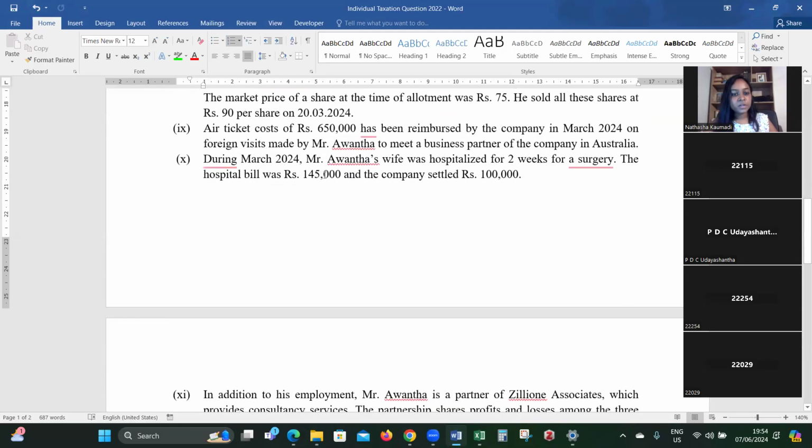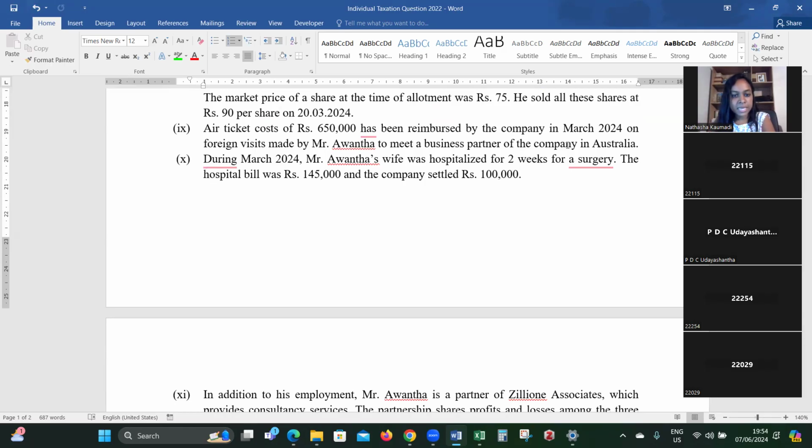And then air ticket cost of 650,000 has been reimbursed by the company in March 2024, during this year of assessment, on foreign visits made by Mr. Avanta to meet a business partner of the company in Australia. Now, Mr. Avanta has gone on a business trip for business purpose.